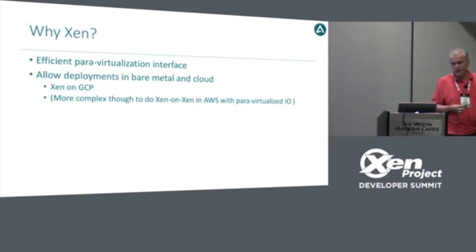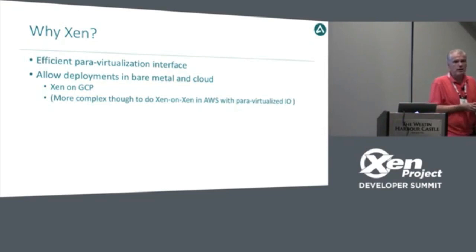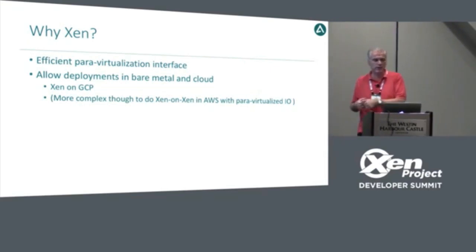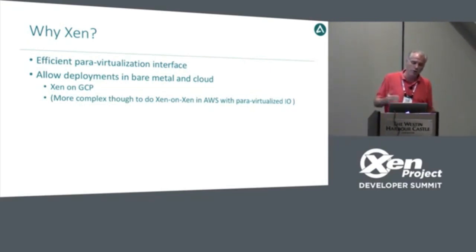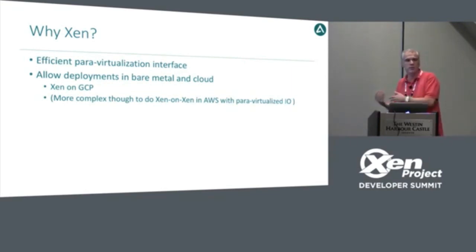And there is a reason that we chose Xen first as the approach to do it. First of all, there is the paravirtualization interface that allows us to do this very fast. And then what we wanted to explore is also, by using the Xen paravirtualization capabilities, running the same approach on top of public clouds. So we actually went ahead and ran this on top of GCP.